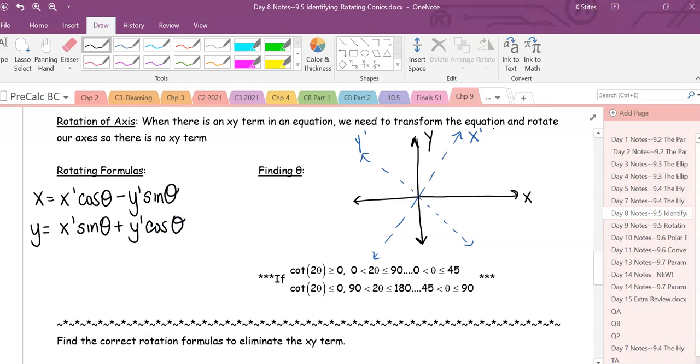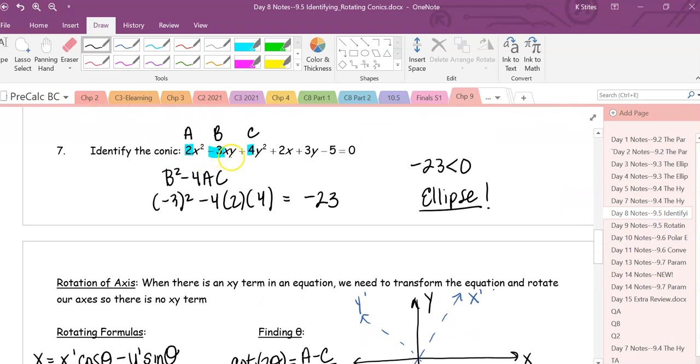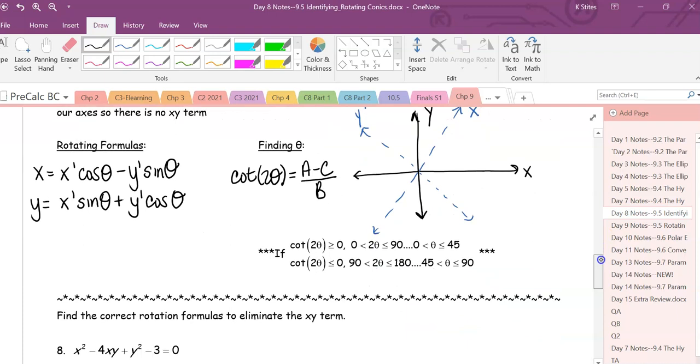Okay, and what we're going to use to find theta is this little formula right here. Cotangent of 2 theta is equal to (a minus c) over b. And the a, b, and c are the values that we would have just used in the last problem. Okay, so you would find your x squared, your xy, and your y squared terms.